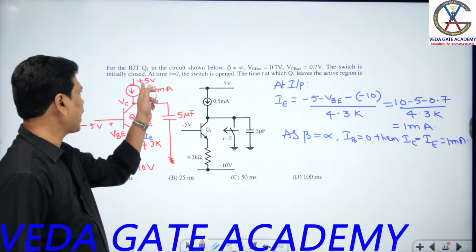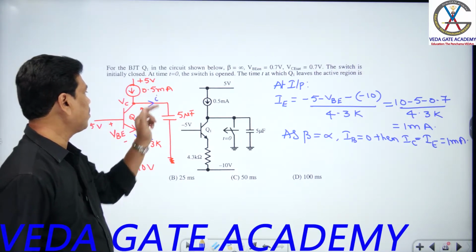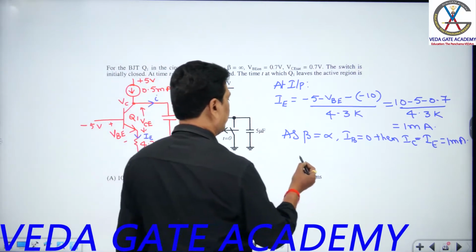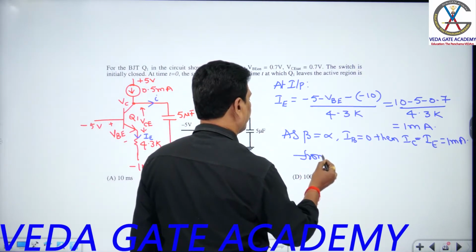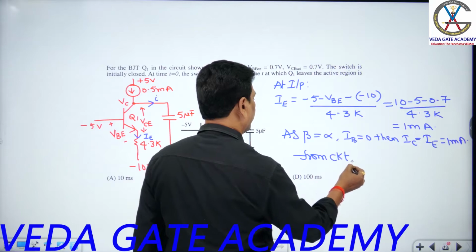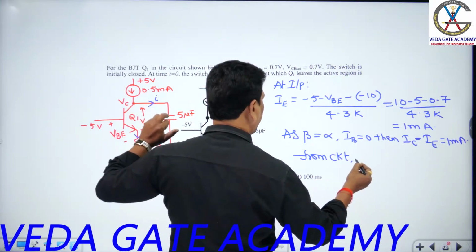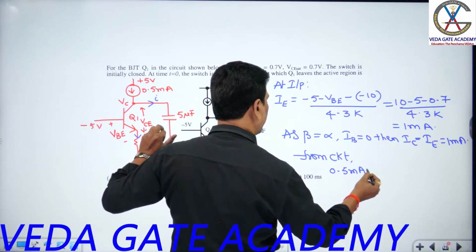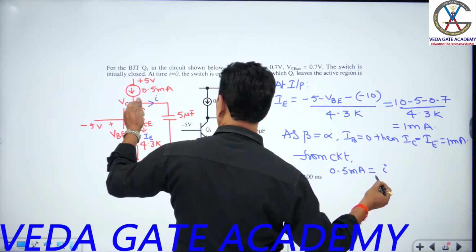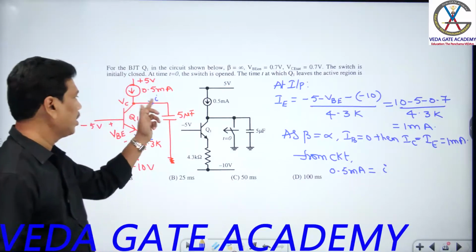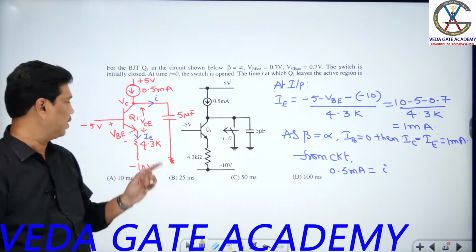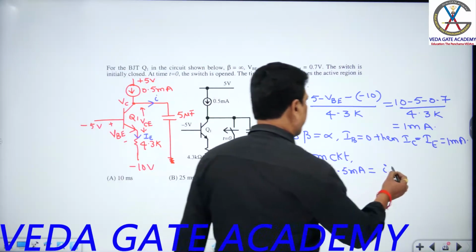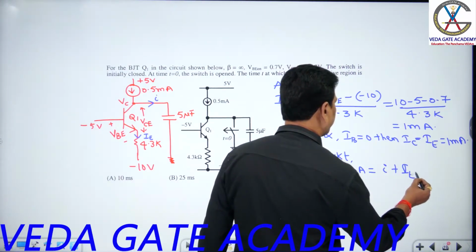What is the value of I that we can calculate? Here the current supply is 0.5 milliampere, given. From the circuit, 0.5 milliampere equals I plus IE, where I is the current in the capacitor branch and IE is the corresponding current passing through the other path.